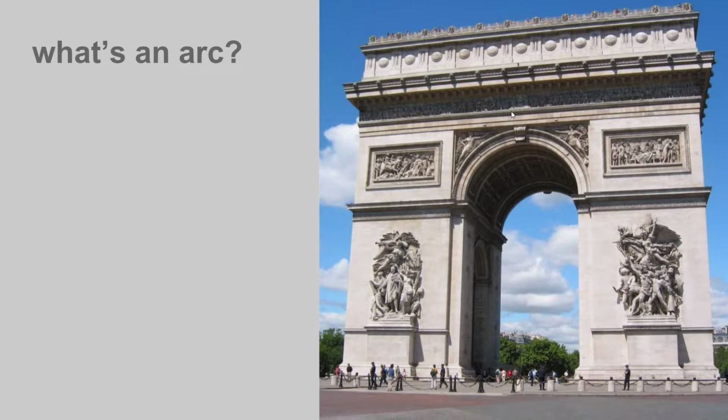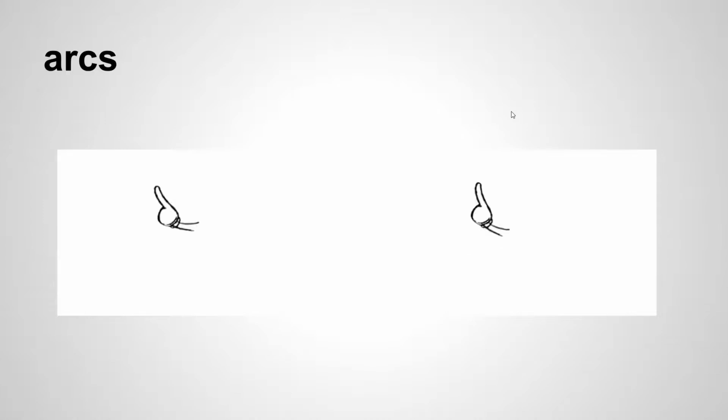But arcs are important for animation because motion is more natural in an arc. We can see in the left side of the animation, it's moving forward and back, but it's moving linearly, whereas the right animation is making an arcing circular path, which feels more natural.